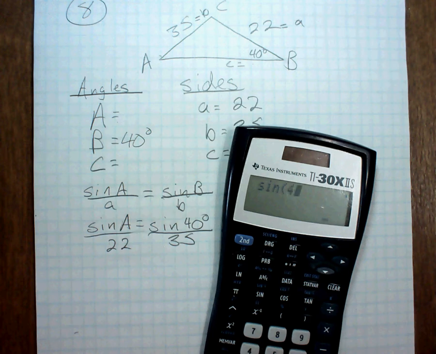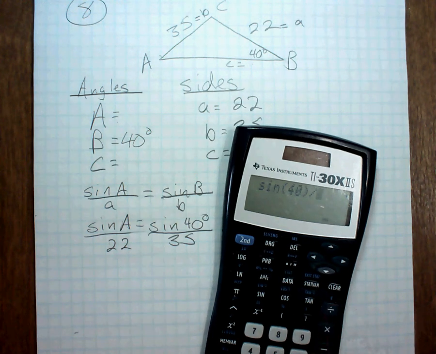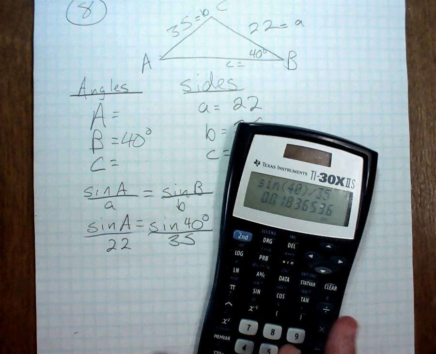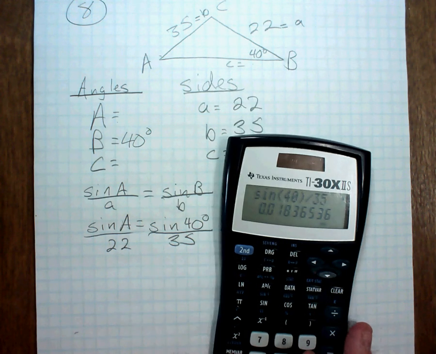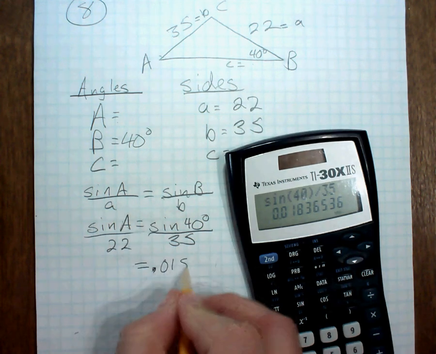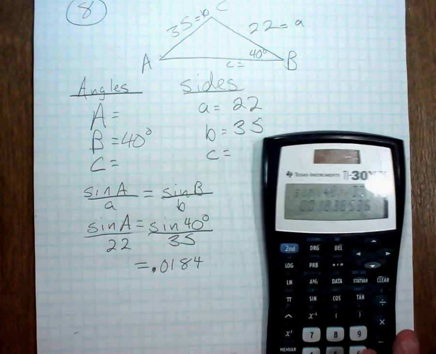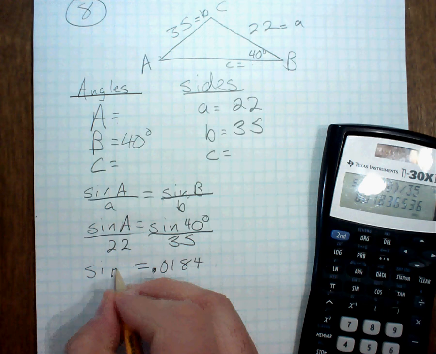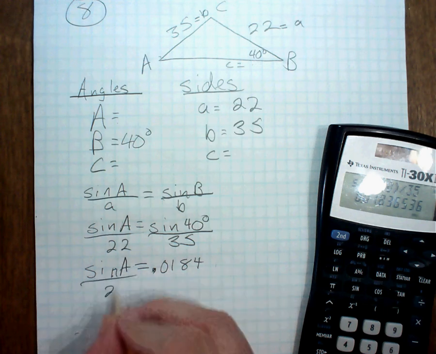Sine of 40 degrees divided by 35, that gives me, ooh, that's a really small number, let me write it down because that's a lot to say, 0.0184 if I approximate it, and that's equal to sine of capital A over 22.